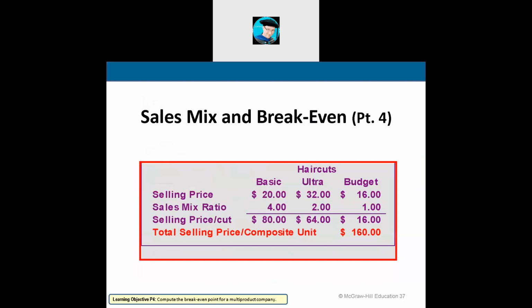So we take the sales price, the sales mix ratio, and the total sales price. So sales price times the sales mix ratio gives us a selling price per category, if you will, or type of product.